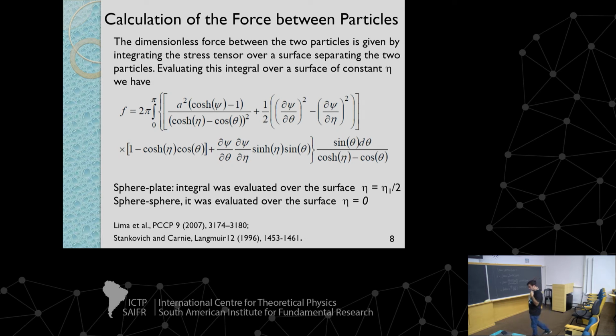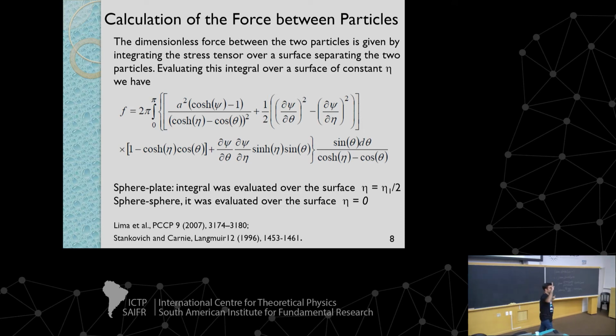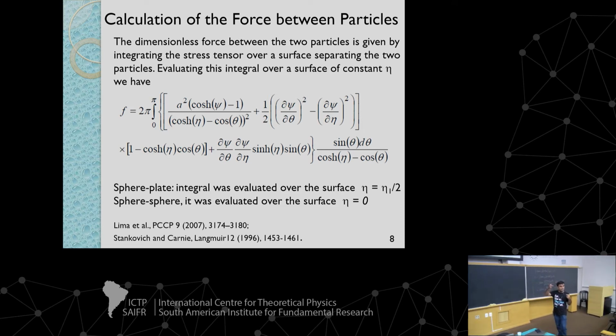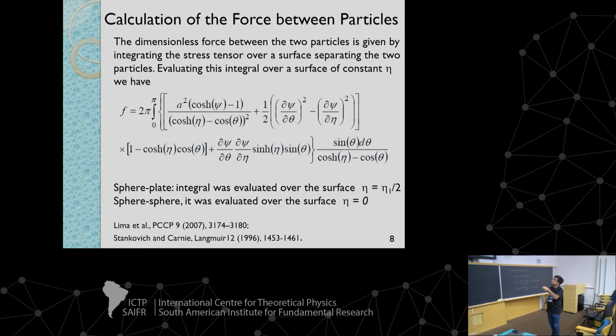And once we have solved the Poisson-Boltzmann equation in bispherical coordinates, we get that electrostatic profile, as I showed before. So we have psi as a function of position. And by integrating this electrostatic potential, we can calculate directly the force between those two spheres. So this is the expression derived for, in this case, I think it's already for two dissimilar spheres.